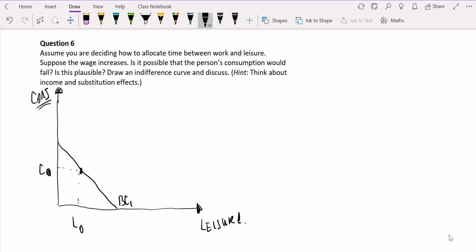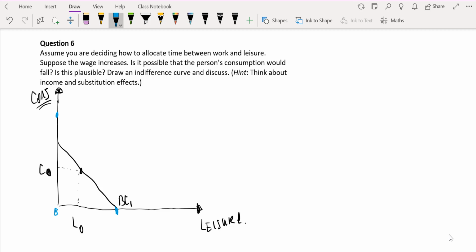And what's next here? So it says, suppose the wage increases. So when wage increases, our consumption possibilities increase. So I'll put this point here. So that would be our new point when we work all our available time and take 0 leisure time. But our leisure point remains the same.